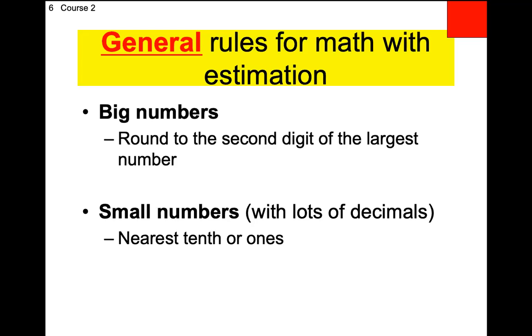These would be rules for when they don't tell you in the book what to round to. If it says, what is the approximate answer, and they don't tell you what to round to, well, then you need some rules. Here are your general rules. Got a big number, round to the second digit of the number. Small numbers, just round to the nearest tenth.